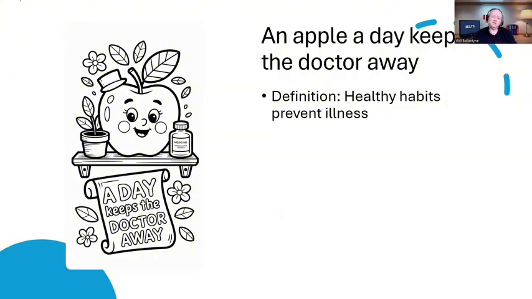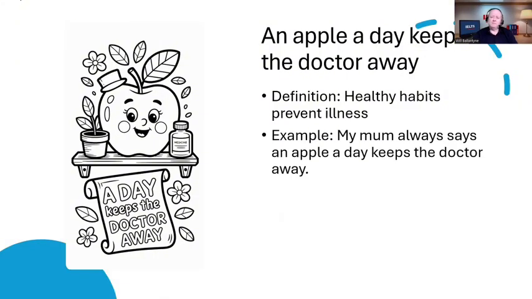So healthy habits prevent illness. For example, my mum always says an apple a day keeps the doctor away. So my mum always says, have healthy habits and you will never be ill, supposedly. And there you go. And it's basically because apples are healthy things to eat.